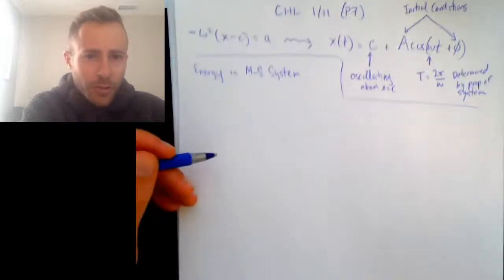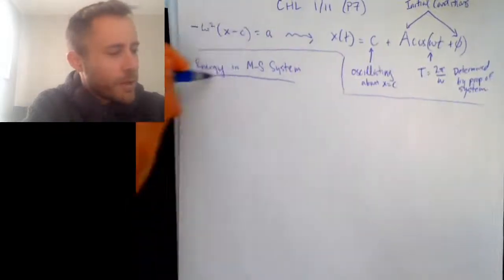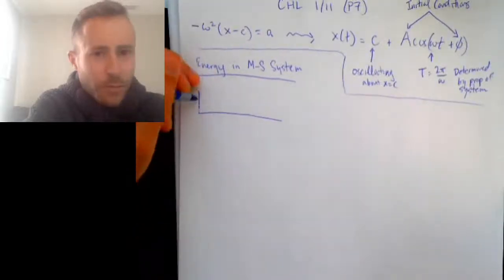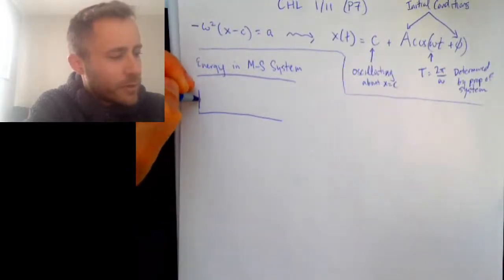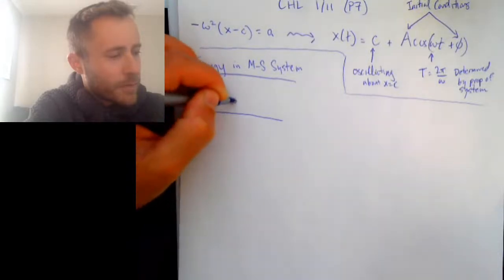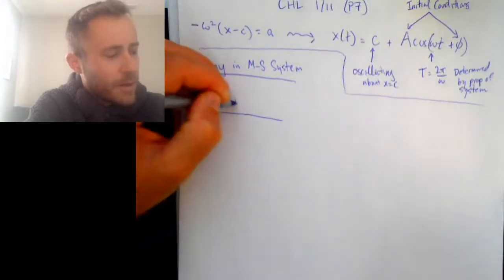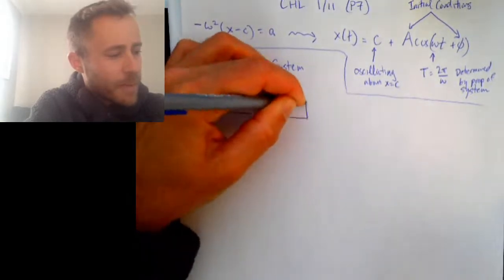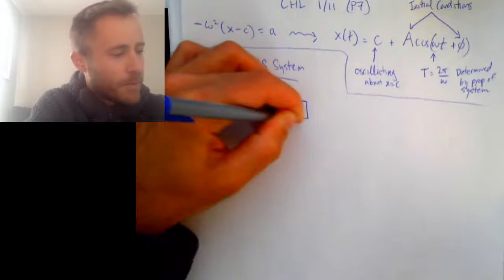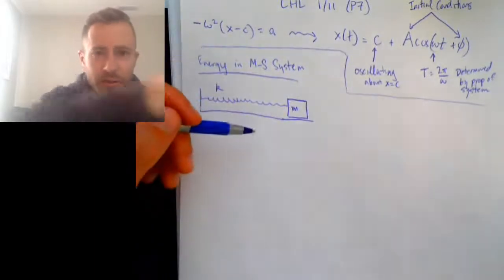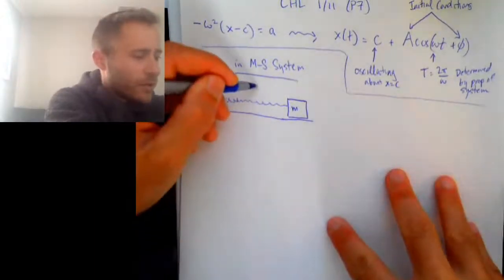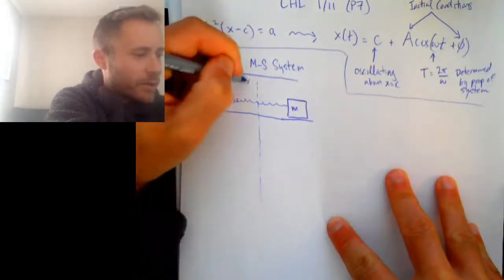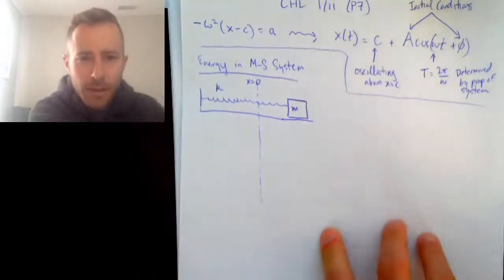Just to remind you what the mass spring system is, we have a spring with stiffness K, attached to a mass m, and it's stretched. We'll call this location right here x equals 0.